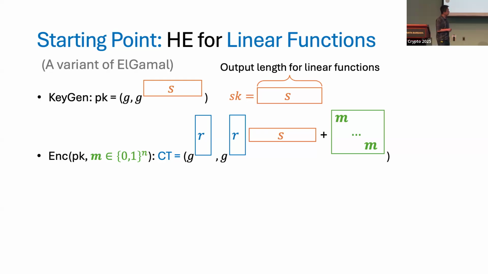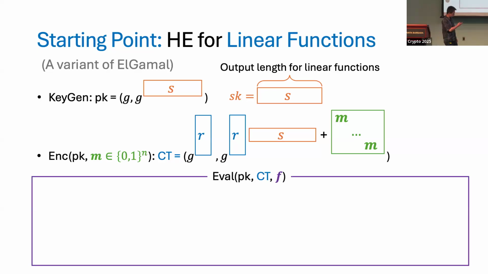So given any message M as a vector to encrypt, we re-randomize the public key by this column vector R. Essentially, we multiply this column vector R on the left-hand side of these two components, and we add the message to the second component of this ciphertext.